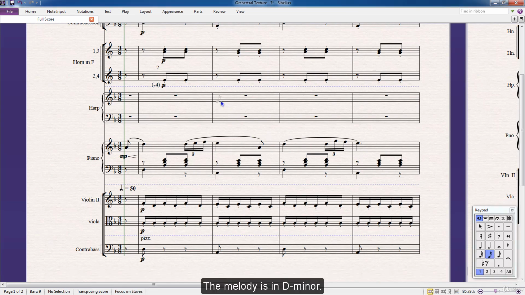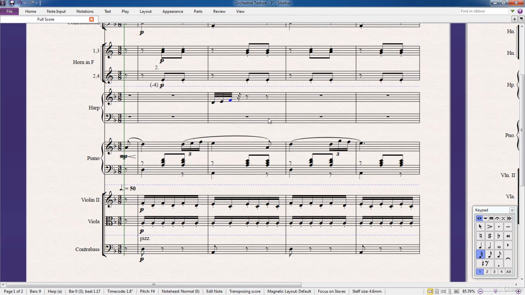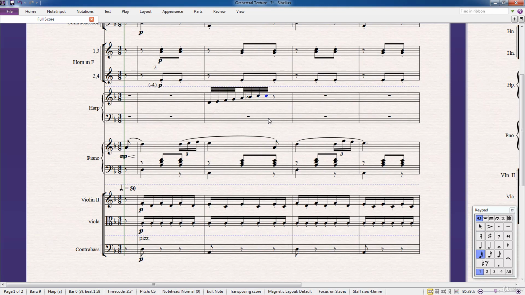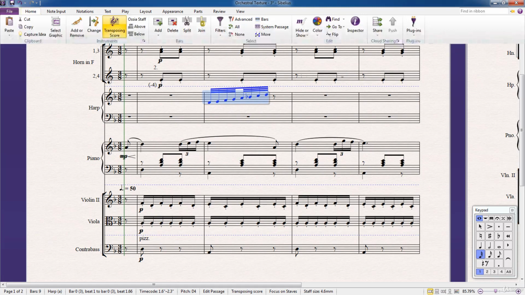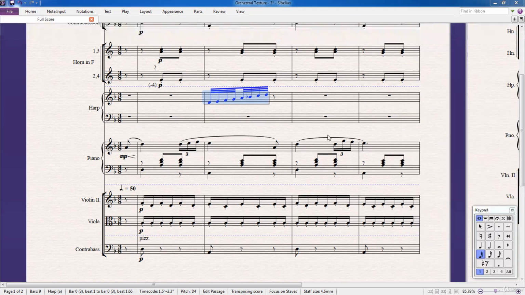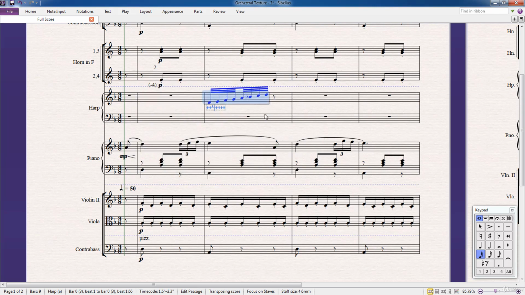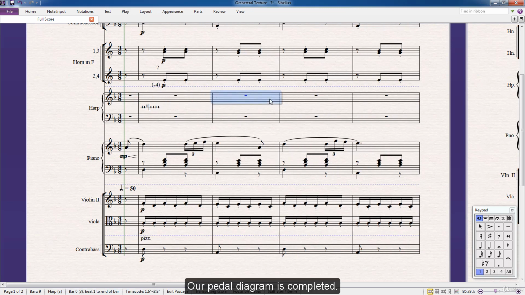The melody is in D minor. Our pedal diagram is completed.